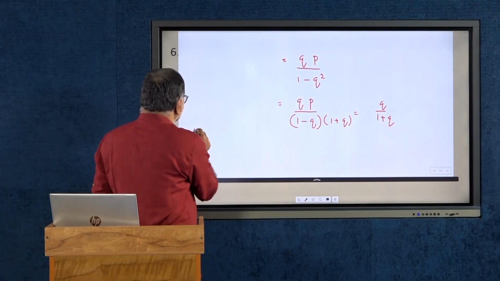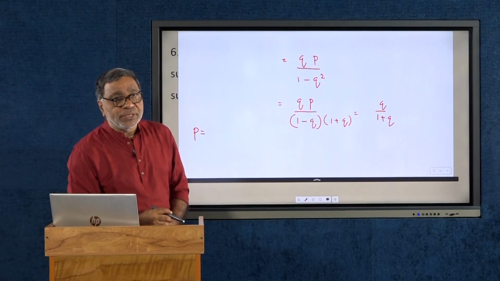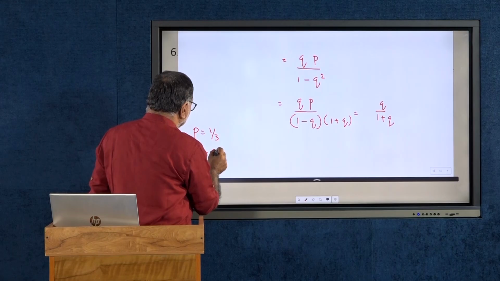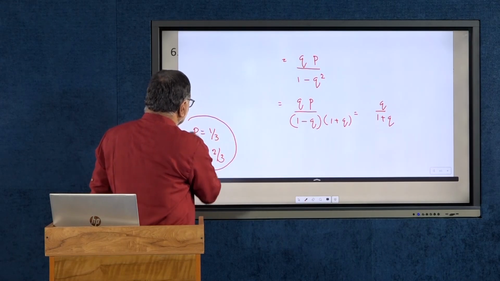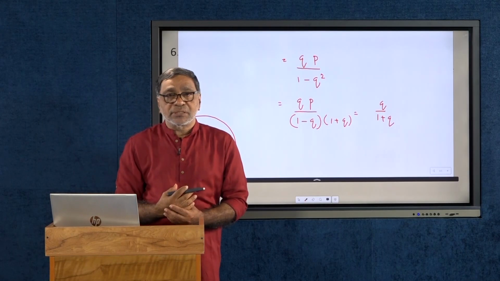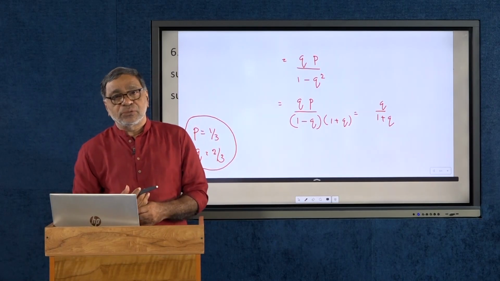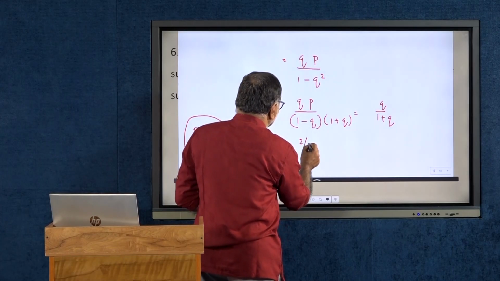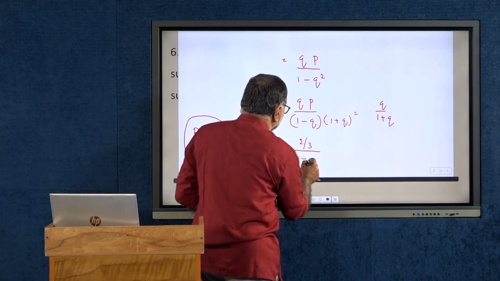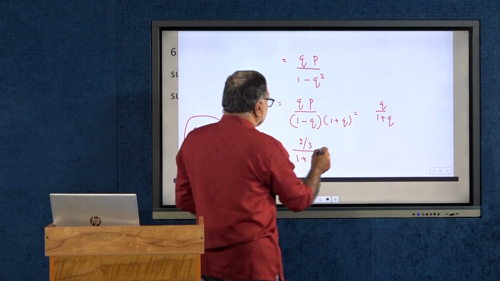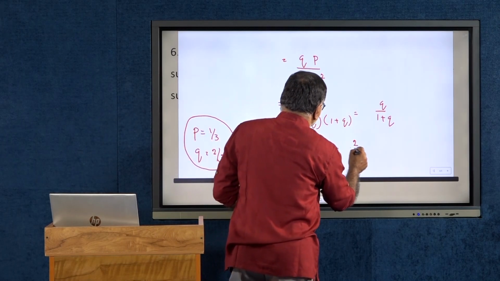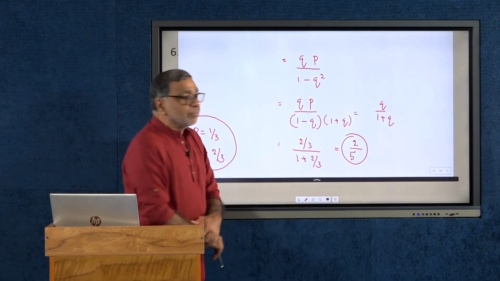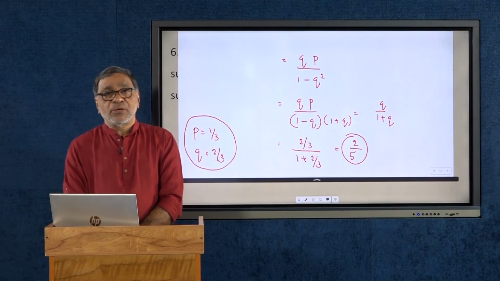And given in the problem p is equal to 1 divided by 3, so q is equal to 2 divided by 3. You just substitute 2 divided by 3 divided by 1 plus 2 divided by 3, or that is 2 divided by 5. So, 2 divided by 5 is the probability of getting y as an odd integer.